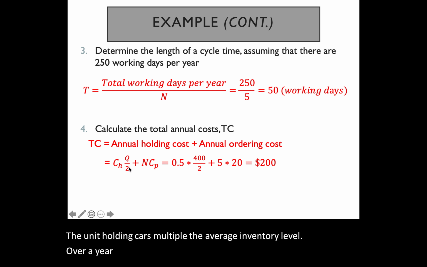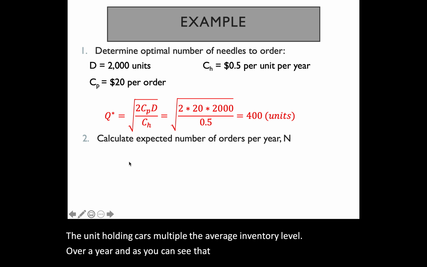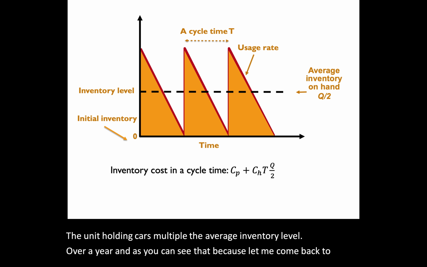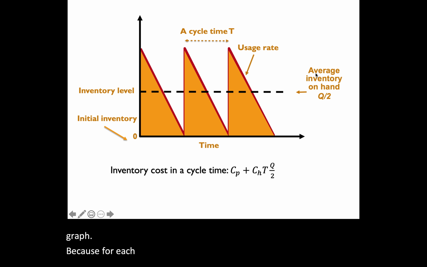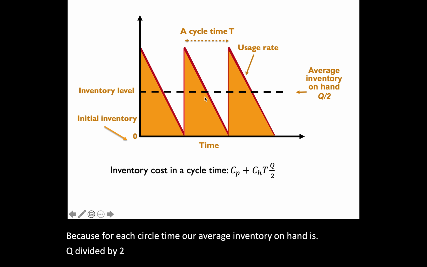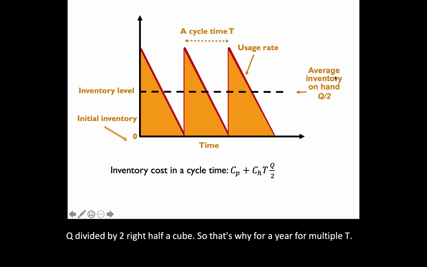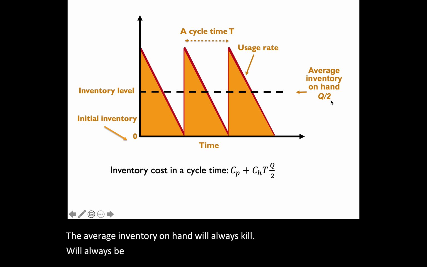And as you can see, let me come back to our graph. For each cycle time, our average inventory on hand is Q divided by 2, right? Half of Q. So that's why for a year, for multiple T, the average inventory on hand will always be Q divided by 2.